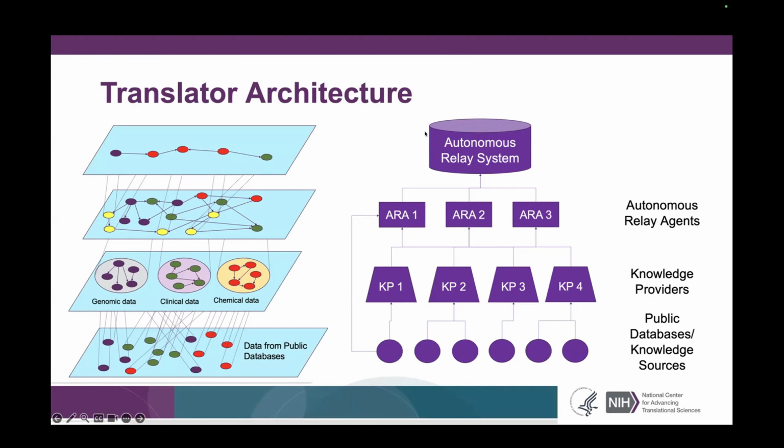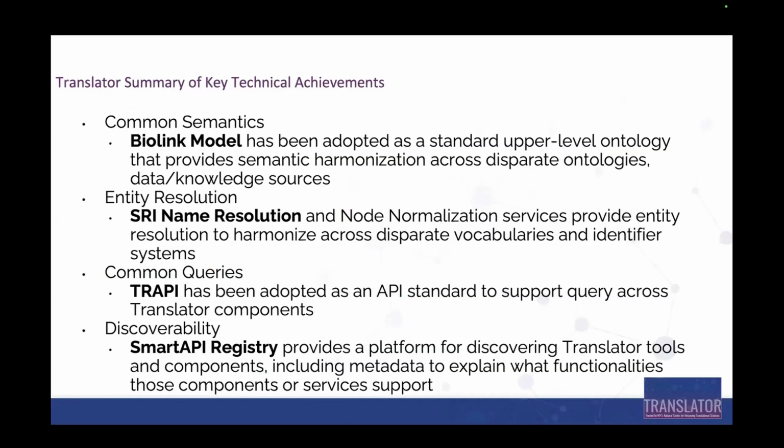Then you have an orchestrator at the top that interacts with the user. The user asks a question and it spins it down to the reasoning agents, which query the knowledge providers, et cetera. That's the architecture that has emerged.